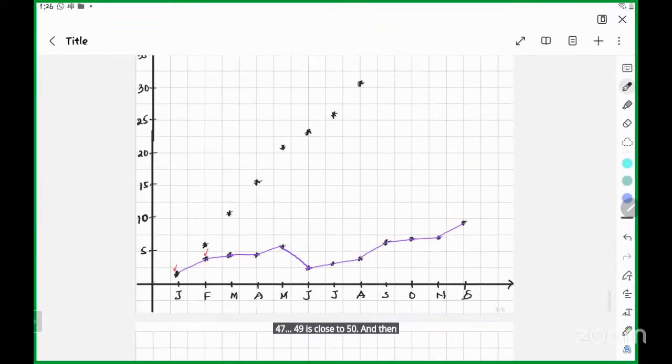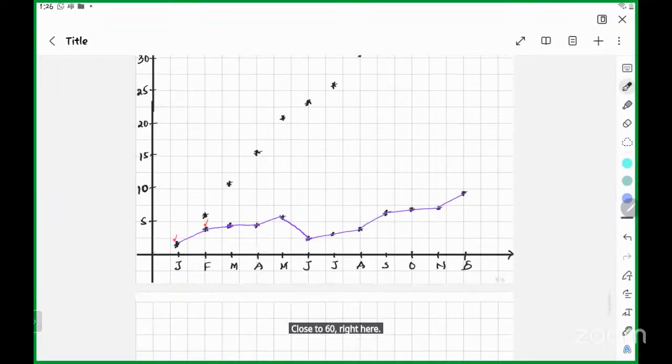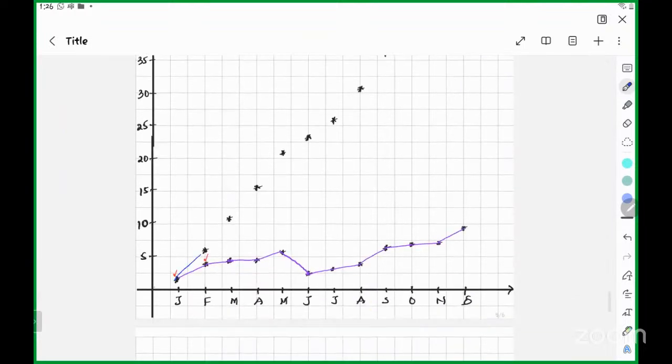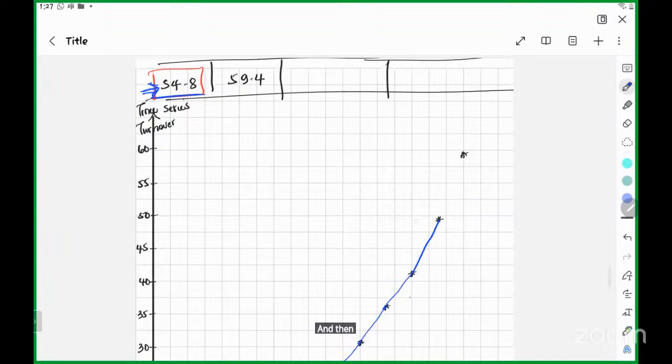And then 59.4, close to 60, right here. Again, we use a straight line to join up. You join point to point, so they may not necessarily all be in a straight line, but point to point, you are using a rule.